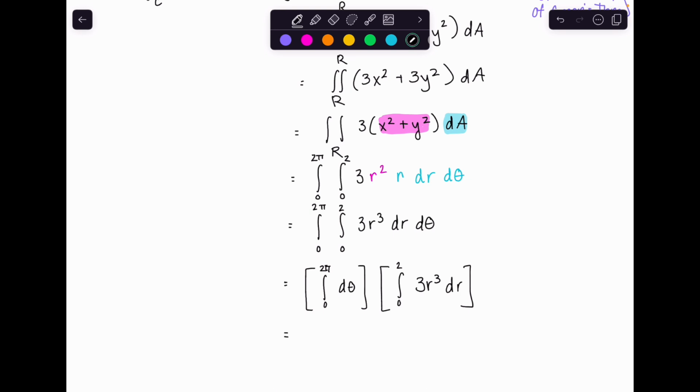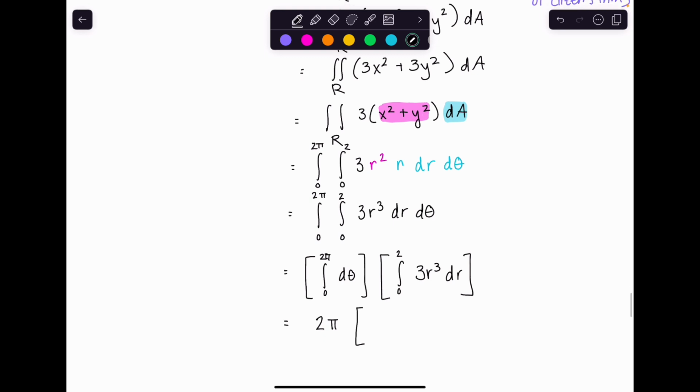First piece you've done, it's theta, then you evaluate those bounds. Again, I'm comfortable with you just saying, go ahead, that's 2 pi. And then the second piece, going through our power rule, this becomes 3r to the 4th over 4. And then we evaluate this from 0 to 2.